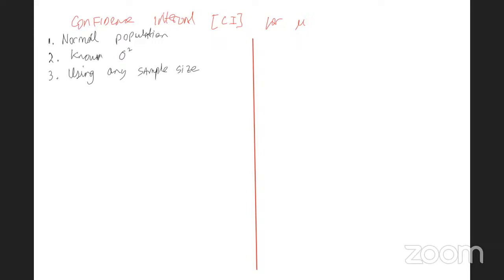So we would like to develop a 95% confidence interval. Sometimes I'll write confidence interval like this, CI. We want a 95% confidence interval. Right, so we want that 95% confidence interval.